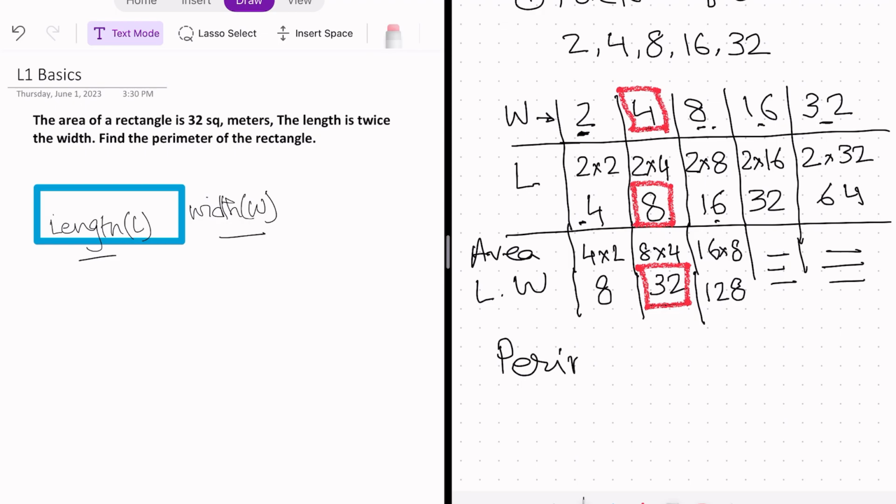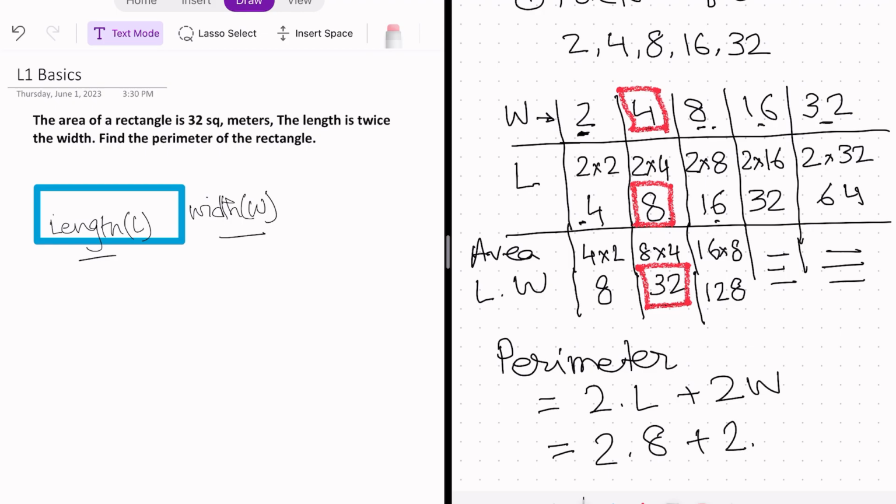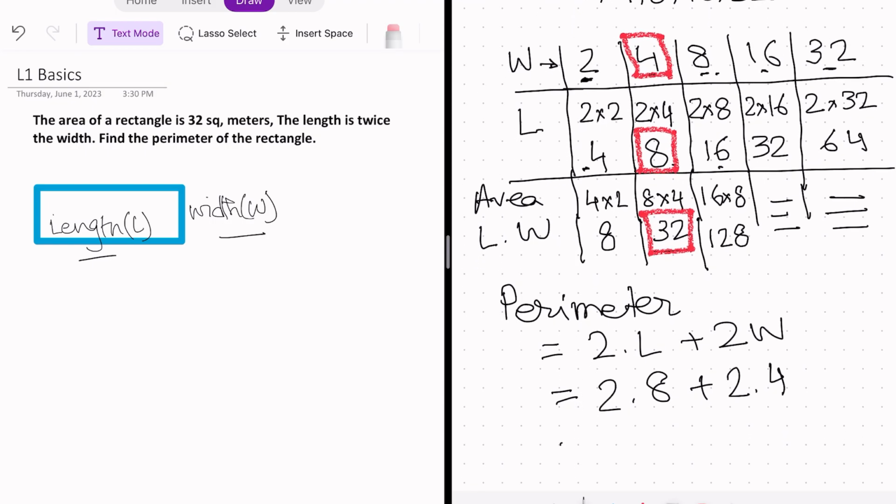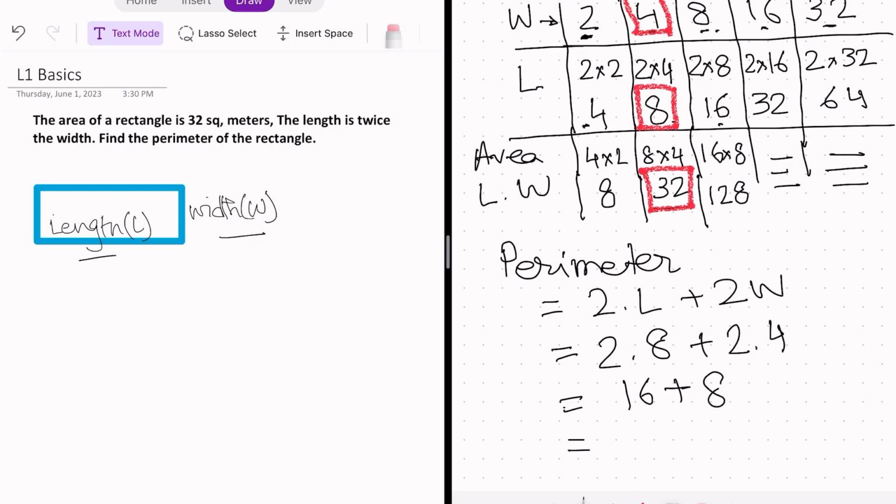Perimeter is the sum of twice the length and twice the width. 2 times, we know length is 8, plus 2 times, we know width is 4. 8 2s are 16, plus 4 2s are 8. This adds up to 24.